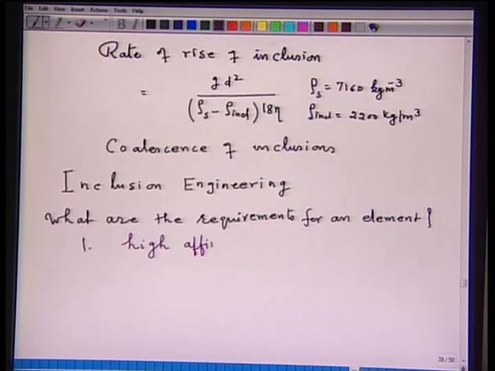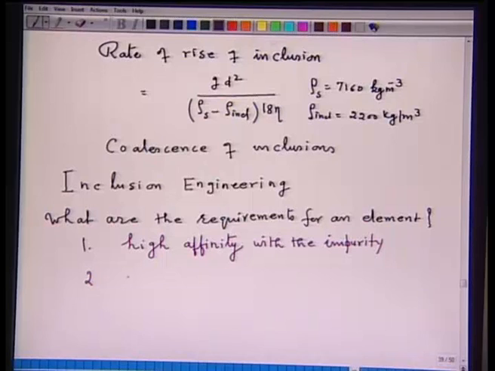In fact, oxygen and sulfur are the two important impurities in the steel, and we are looking for an element which has a strong affinity with that impurity. However, if other impurities are there and if you want to modify them, we have to find an element which has an affinity with that particular element.